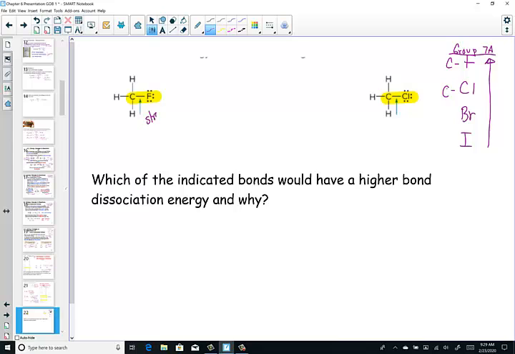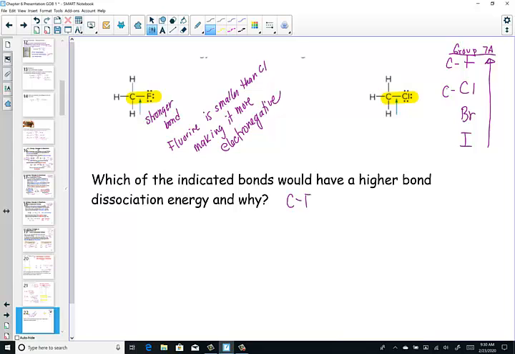This is a stronger bond because fluorine is smaller, making it more electronegative. So which one has a higher bond dissociation energy?